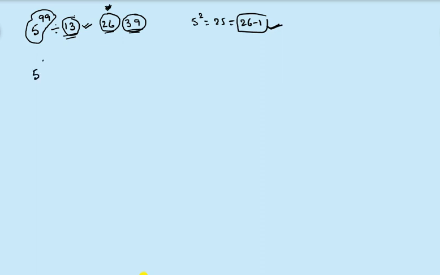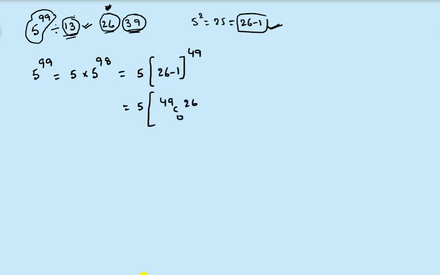Now what I am doing, observe here. 5 power 99 can be written as 5 into 5 power 98. That can be written further as 5 into 5 square whole to the power of 49, that is nothing but 26 minus 1 whole to the power of 49. Now you know this expansion: 5 into 49C0 into 26 whole to the power of 49 minus 49C1 into 26 whole to the power of 48 plus 49C2 into 26 whole to the power of 47 plus and so on, minus and so on.